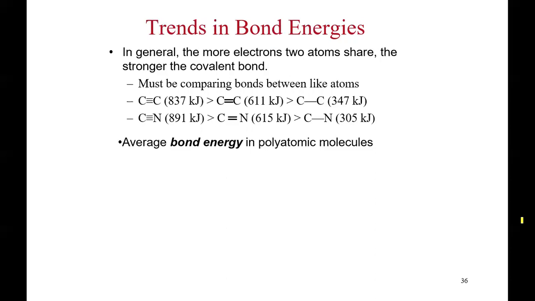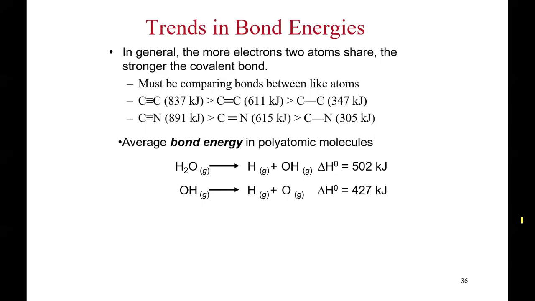The other thing is that when you calculate the bond energies of polyatomic molecules, we have to be careful, because it'd be interesting to know where the information comes from. For example, what does it cost to break the bonds in a molecule of water? Well, as it turns out, the first hydrogen-oxygen bond has an energy of 502 kilojoules to break, but the second one is actually 427.